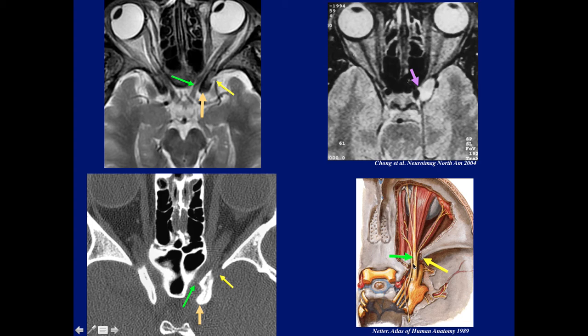So it makes sense that it was coming off the ophthalmic or the frontal division. So this was an ophthalmic nerve schwannoma. Again, this little bit of it helps make the diagnosis, or at least think that it could be a schwannoma, because it's invading the superior orbital fissure.